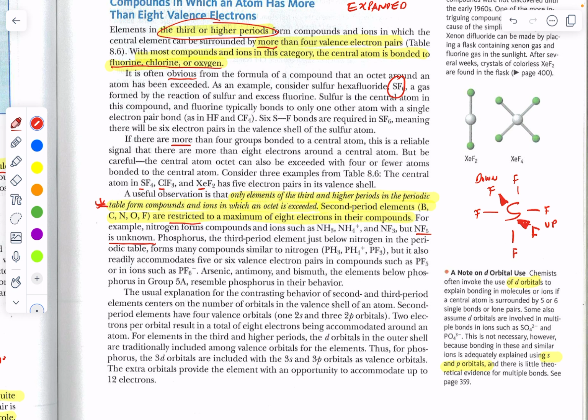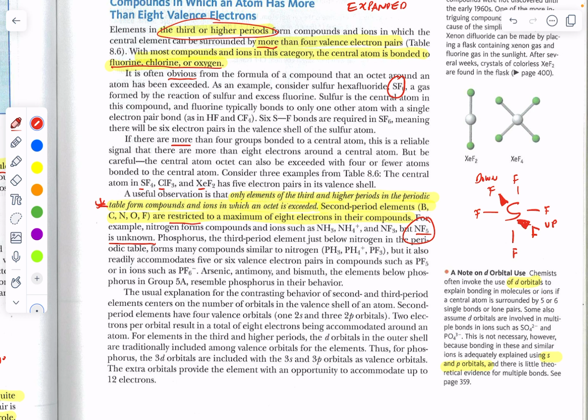But from our perspective, we would say that it sure looks like there is no need to invoke expanded valence at this point in the periodic table. And they point out the fact, for example, that there's evidence to support this contention. There's no such thing as NF5, which of necessity would have expanded valence.